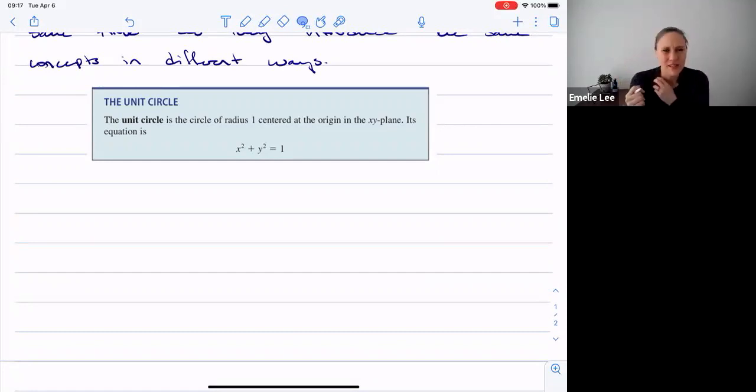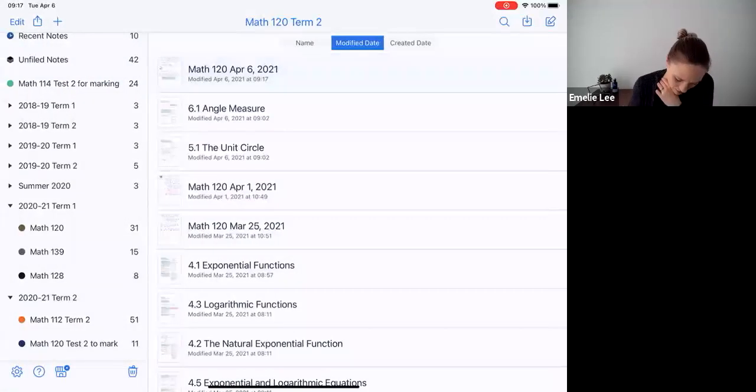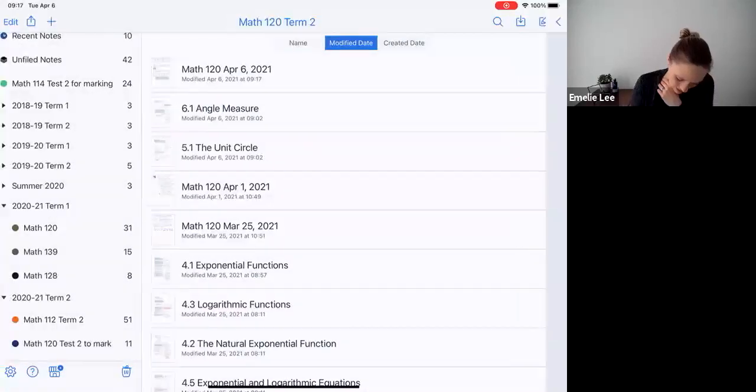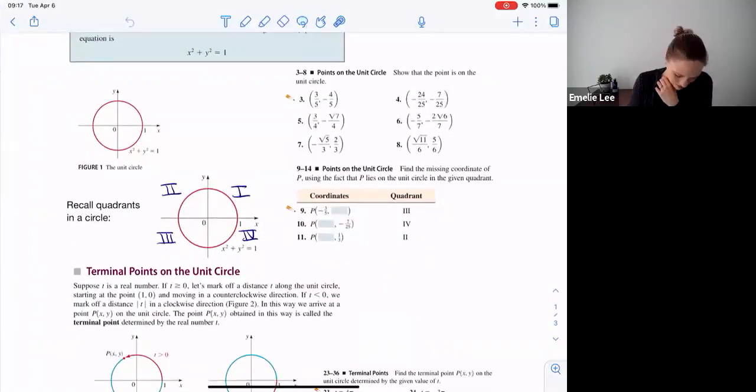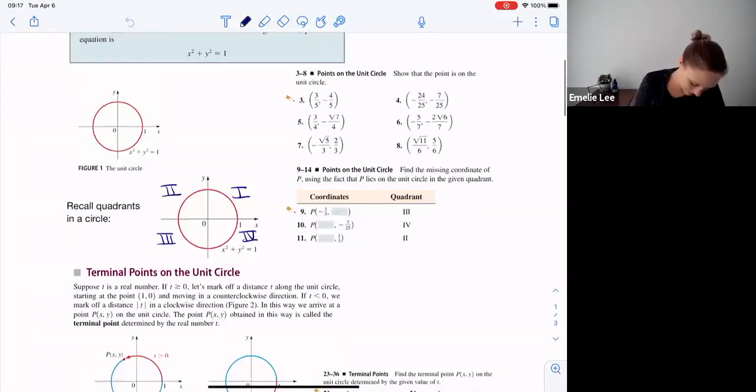And I actually realized I have a typo, and the worst part is, I wrote it. It says "Recall quadrants in a circle." I don't know why I said in a circle. I think it's because we're talking about the unit circle. But it should say in the xy plane.